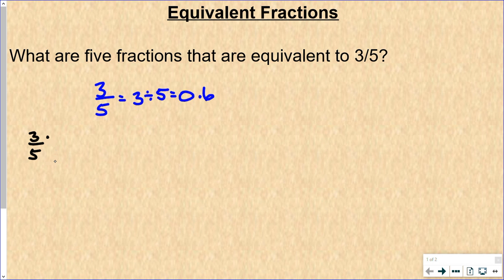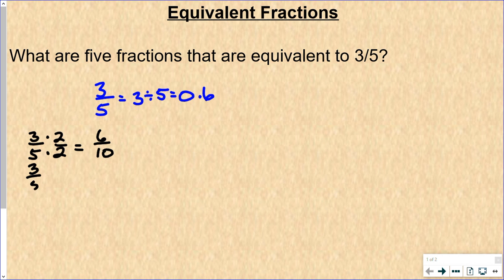So if I was to multiply 3/5 times 2 over 2, the reason why this doesn't change the value is because 2 over 2 is really just equal to 1. 2 divided by 2 is 1. So if I multiply something by 1, it doesn't change its value. So if I multiply this by 2, I get 6/10. Well, if you take 6 divided by 10, you also get 0.6. So 6/10 is an equivalent fraction.